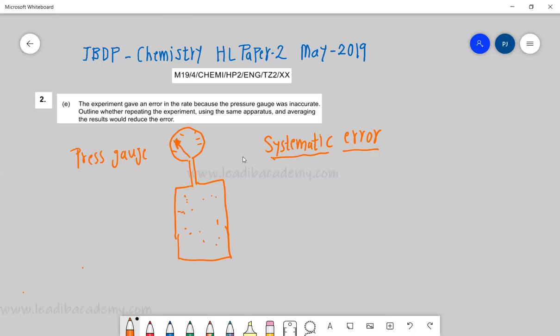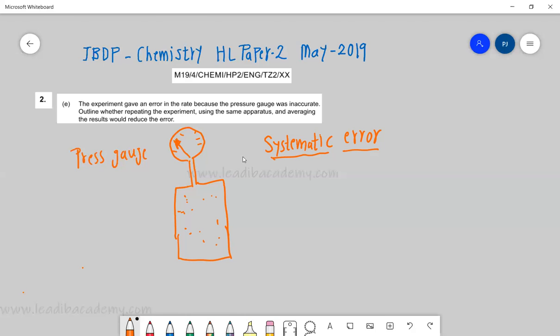But if you repeat this experiment, the same error is going to keep on occurring. Let's say there is a zero error, it will keep on happening. Or if there is some other problem in the calibration, it will keep on happening. So just by increasing the number of observations, repeating the experiment will not reduce it.